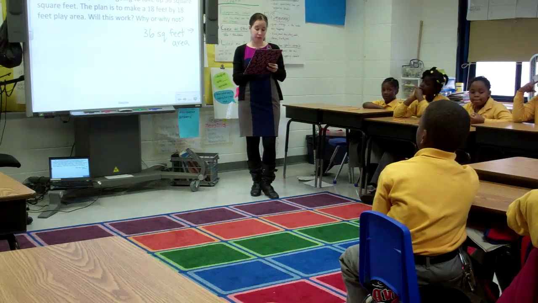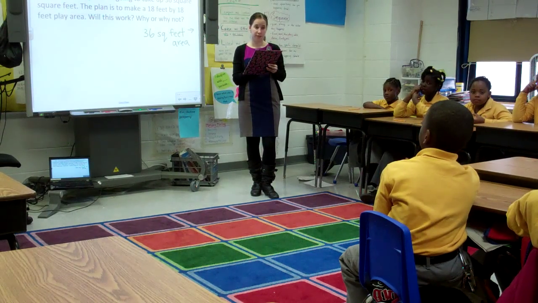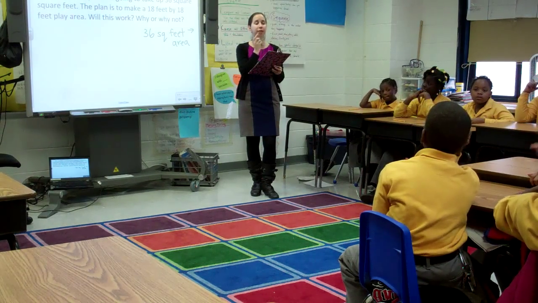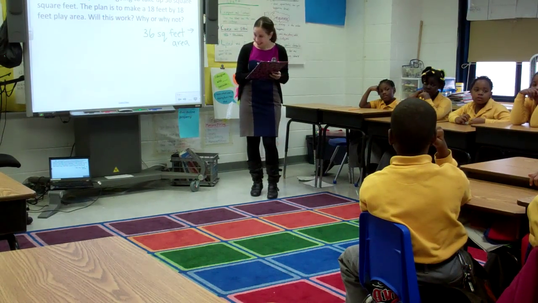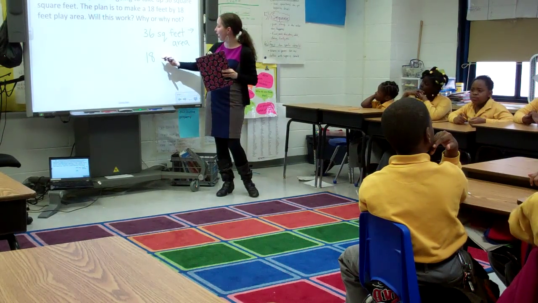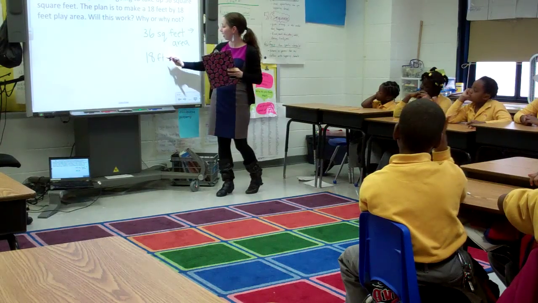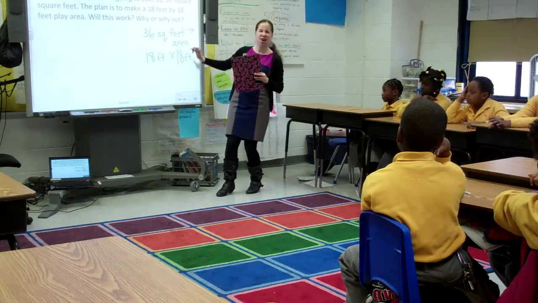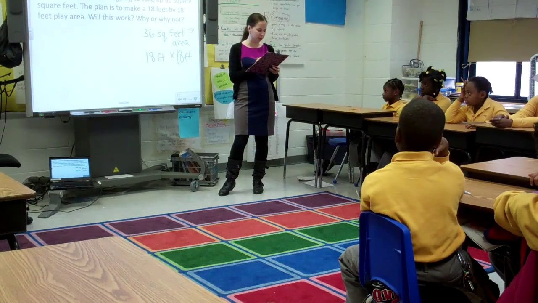This says it needs to make 8 feet by 8 feet. Okay, someone's going to correct his careful reading. Rama, what are you going to correct for Makai? 18 feet by 18 feet. Yep, it says 18 feet by 18 feet. And I know that that's math. 18 feet by 18 feet. I know that still reminds me of area, right?